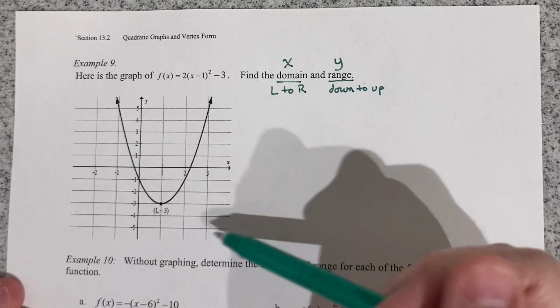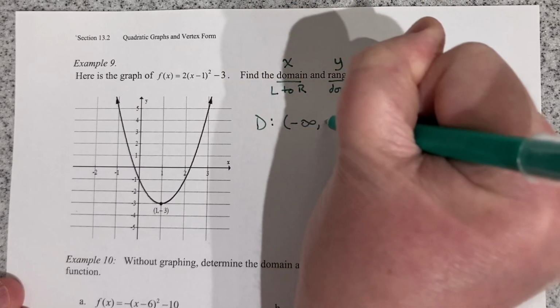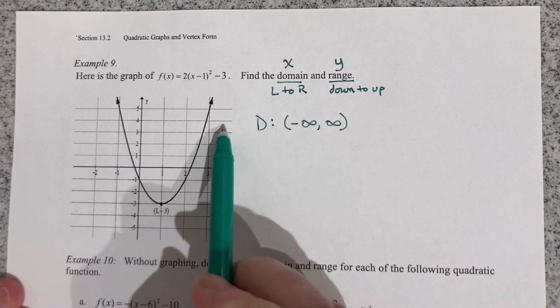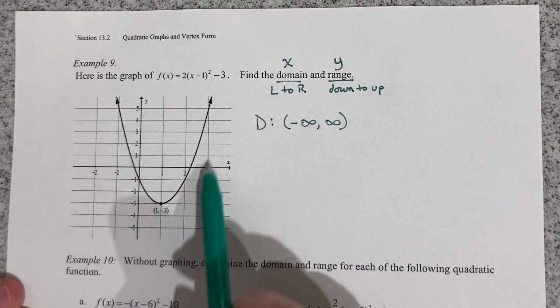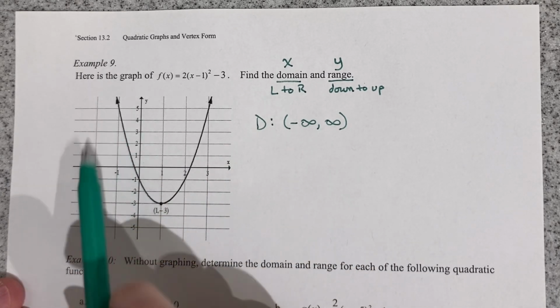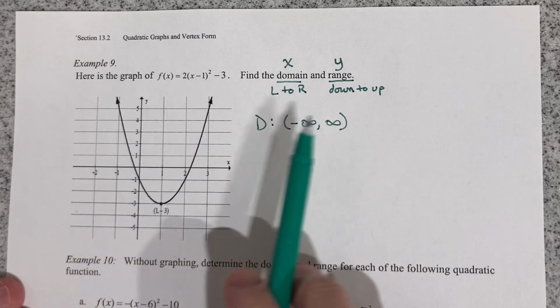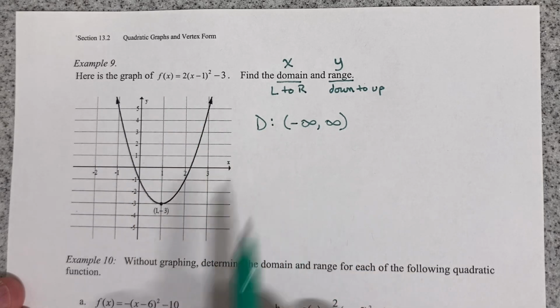All the parabolas we deal with have a domain of -infinity to +infinity. And I said all the parabolas we deal with because it is possible to have a sideways parabola, but that's not a function. And so we only deal with parabolas that are functions that go right side up or upside down, not side to side. All right, so domain, -infinity to infinity for every function that's a parabola.